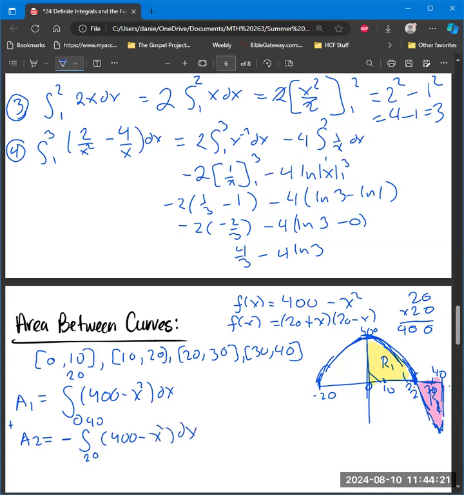Then I can add those together to get my net area. Actually, I should do all 4 regions here. So this should be 0 to 10, and then A2 is 10 to 20.